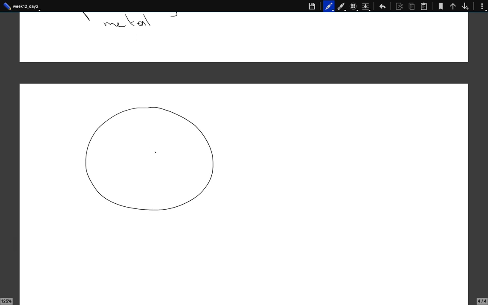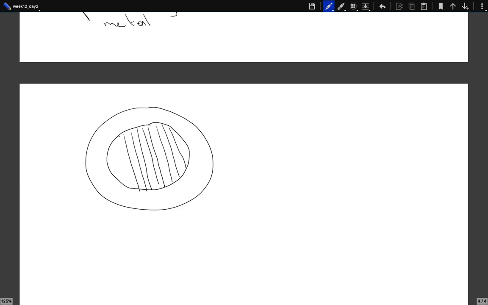You see, let's say this is your solenoid. Inside you have your conductor, but the conductor is not just one piece. It's just very thin sheets separated by insulators. So inside they are insulated films.